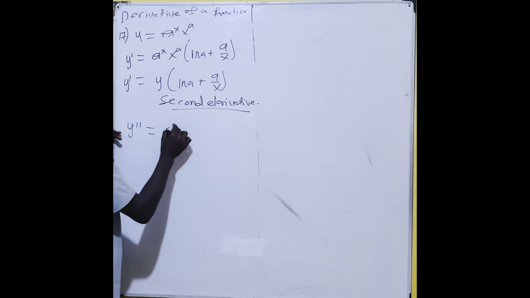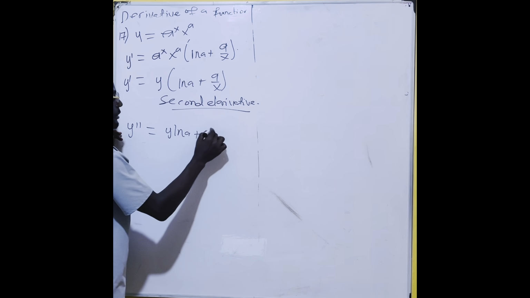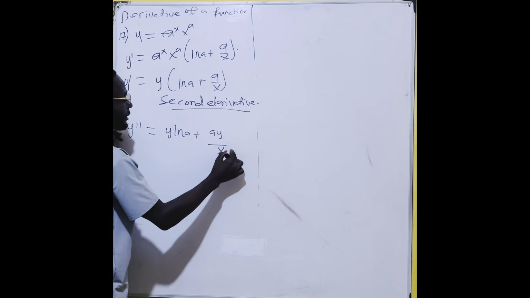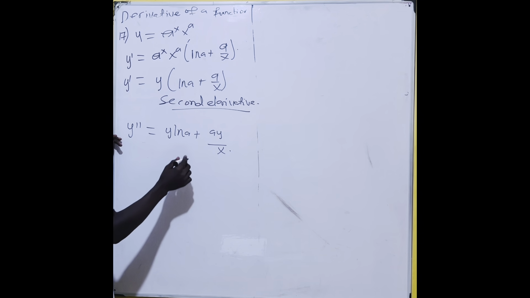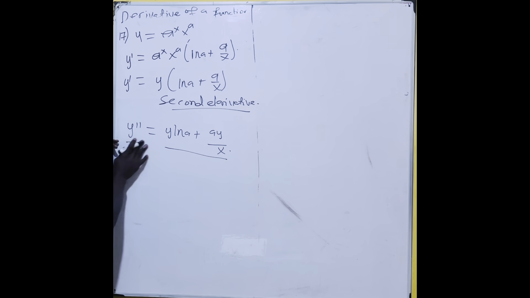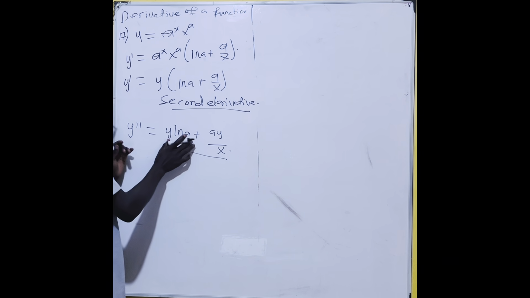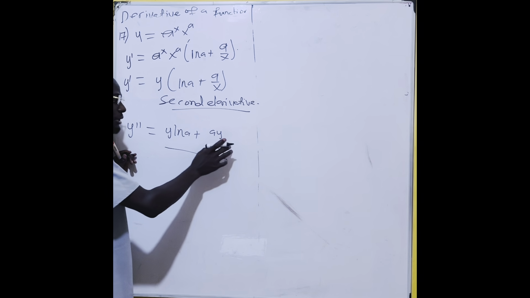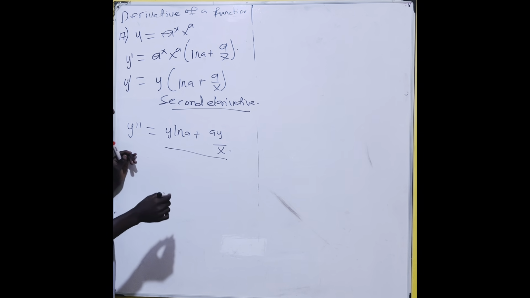So we have y ln a plus ay divided by x. Okay, so this is what we are going to differentiate. We have already dealt with this. Okay, so this we are going to apply the product rule, then we apply the quotient rule on this.